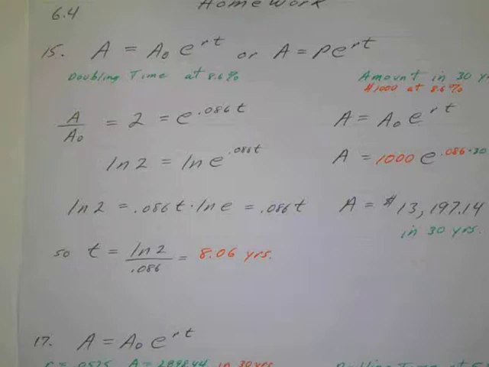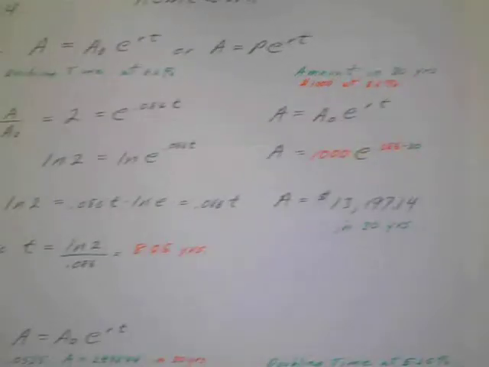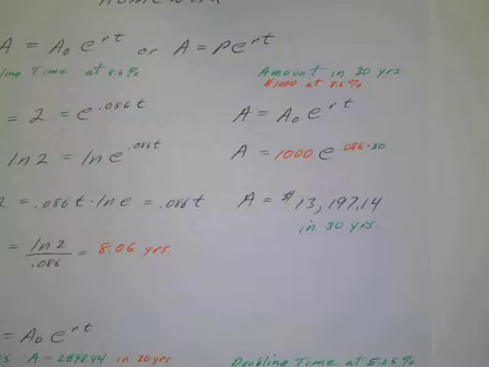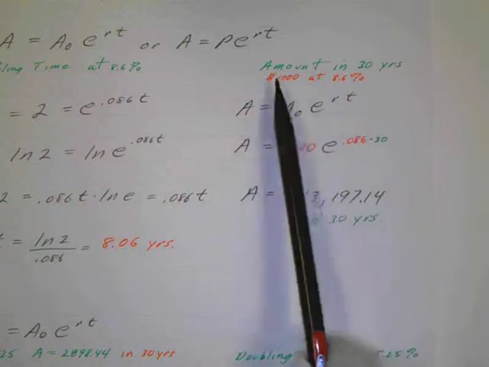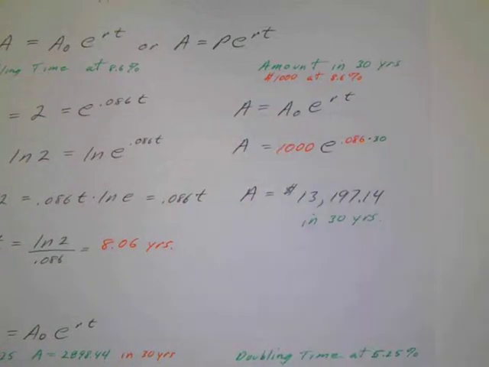Okay. Now we also had a b part. Well, we didn't have a b part. We had two different spaces in this table, and we wanted to see what was the amount we had in 30 years. And that's just with $1,000 invested at 8.6%, and it's compounded continuously.